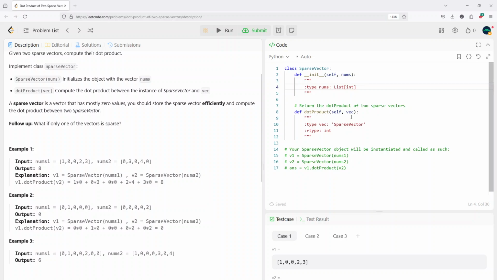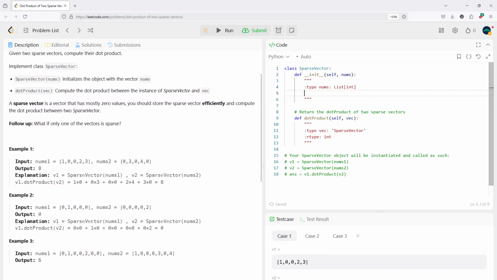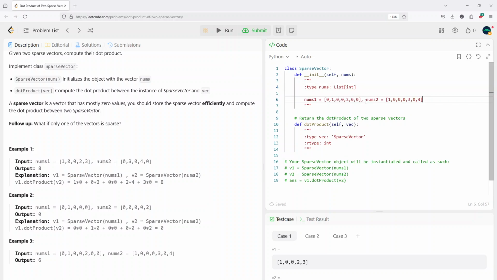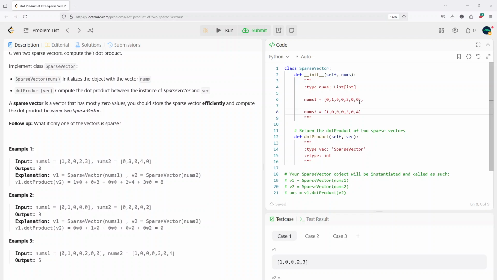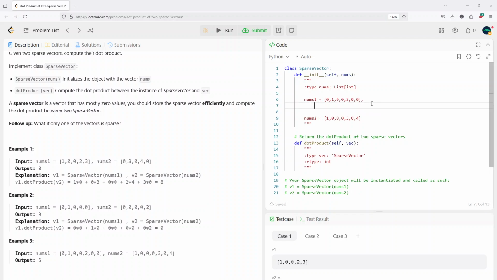So for example, we've got this here. You've got a non-zero here, so you would say dict of 1. It will be index 1 and value 1. Then you iterate.